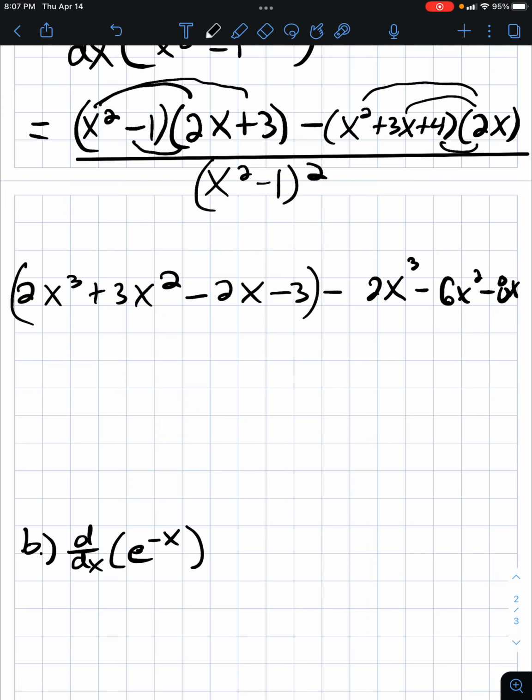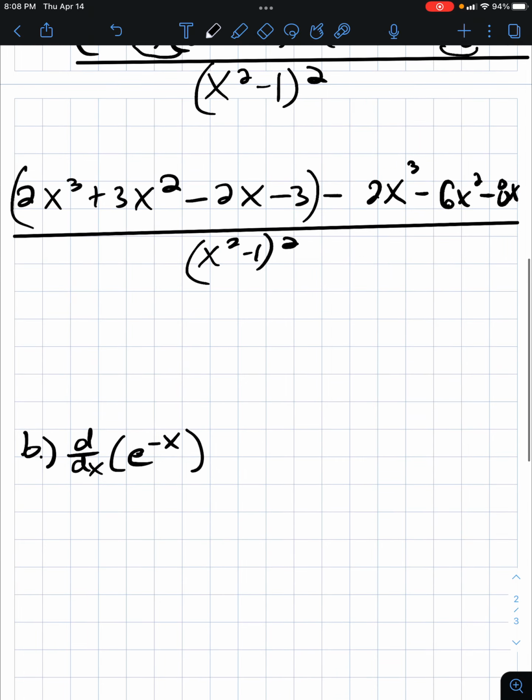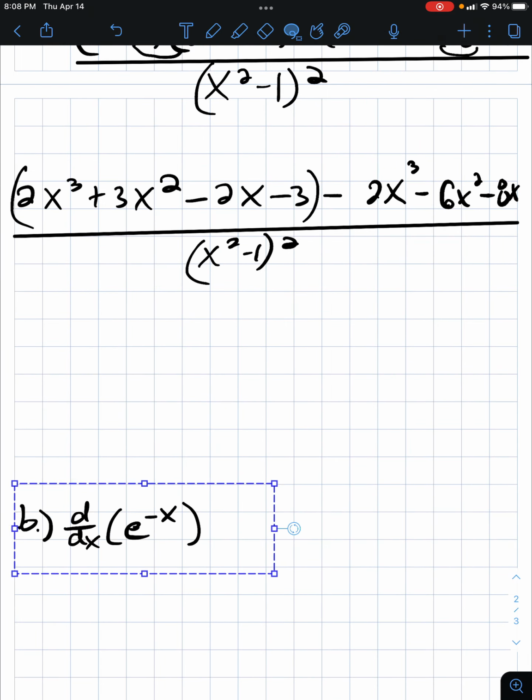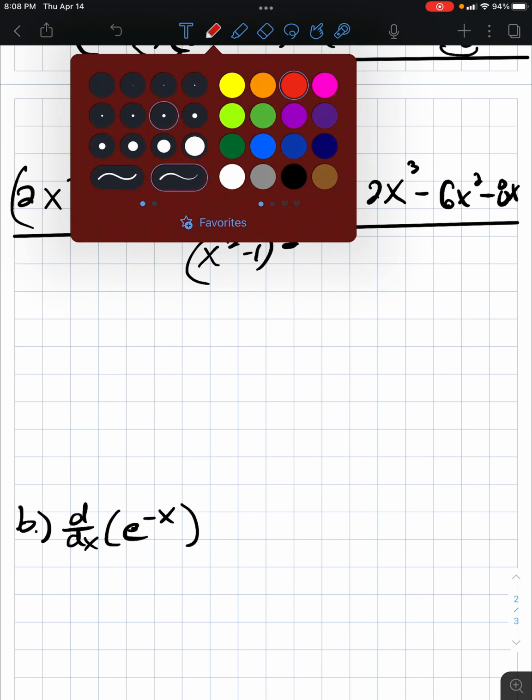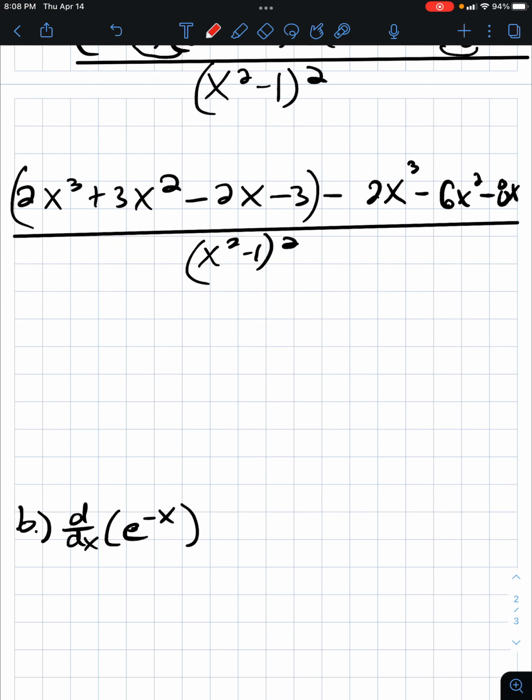All right. So what can we cancel? We still have x squared minus 1 in our denominator. Let's simplify it down some more after we expand it out. Well, the 2x to the thirds cancel out. Anything else?